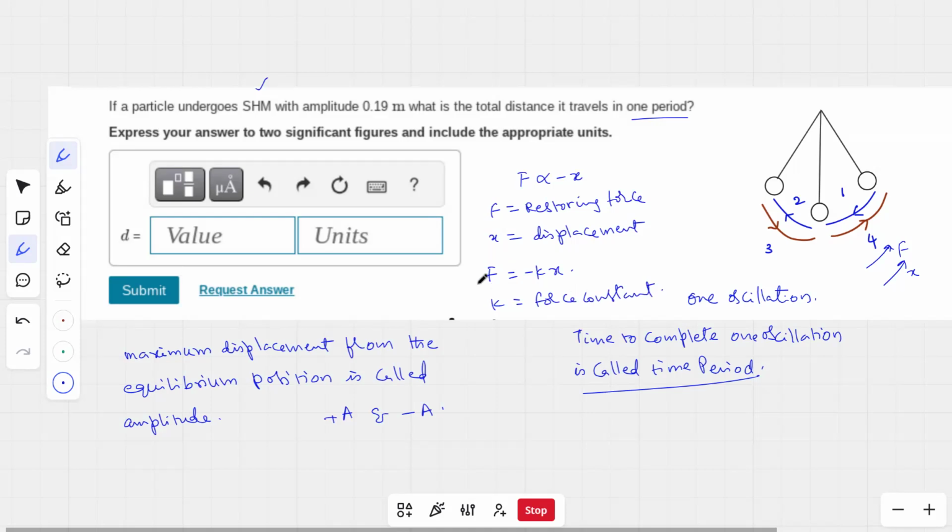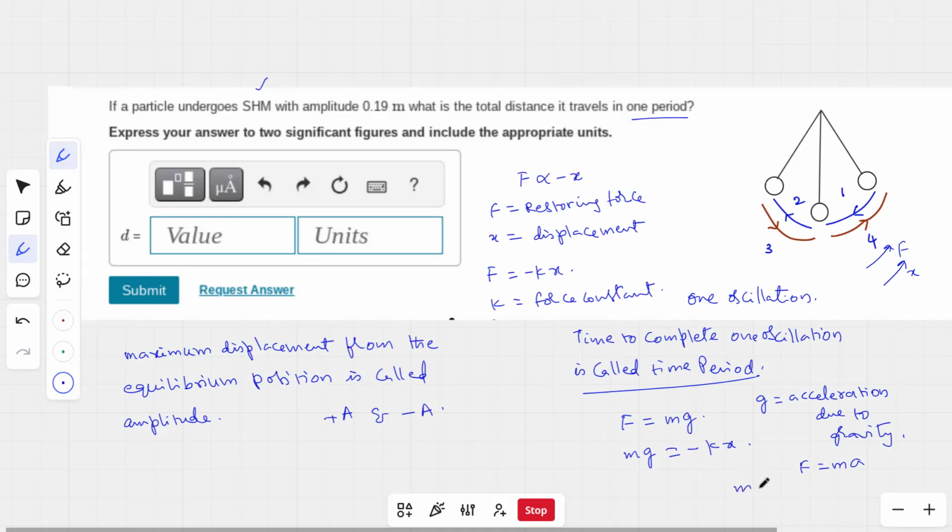Now, what is this amount of force? This force is nothing but your mg, mass times gravity, where g is the acceleration due to gravity. So mg is equal to minus kx. Or you can take ma, since F is equal to ma.